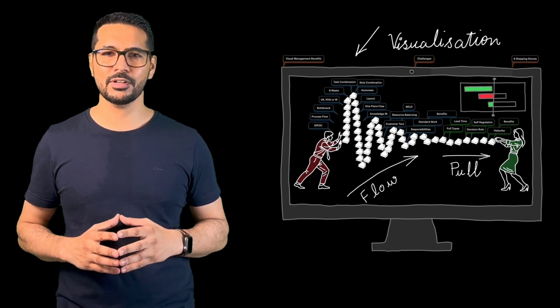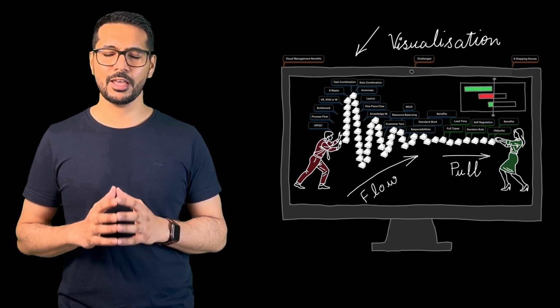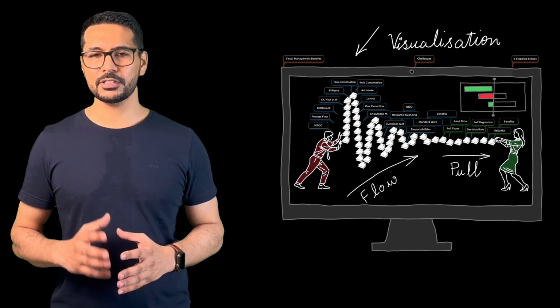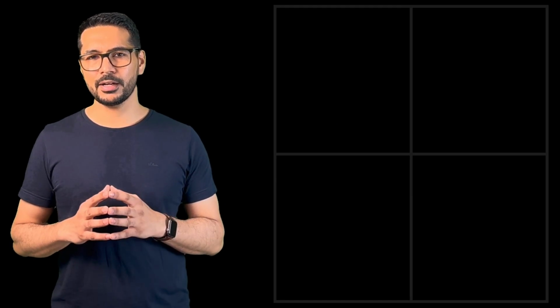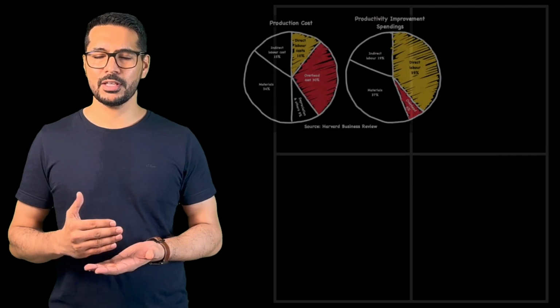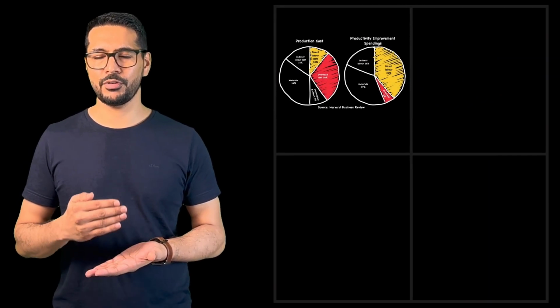So let's see further what are the benefits we have covered so far in this journey of lean transformation in office areas. The first key benefit was that by targeting the office areas, we are closing the gap between the required investment or focus and the actual focus for the improvements.